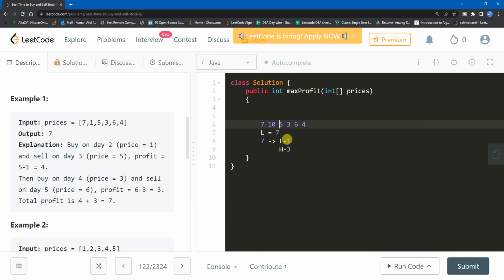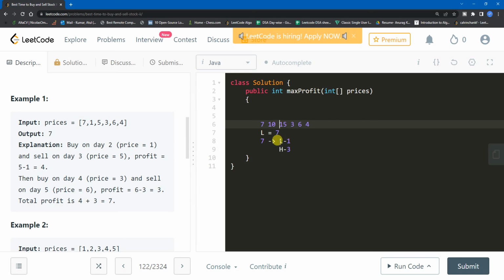And suppose this value is 15, that means we will get a profit of 8. Okay, so if we sell it at 15, and if we did not sell it at day 10, how can you understand at day 7 that the next of next value, that means 15, is higher or lower than 10?